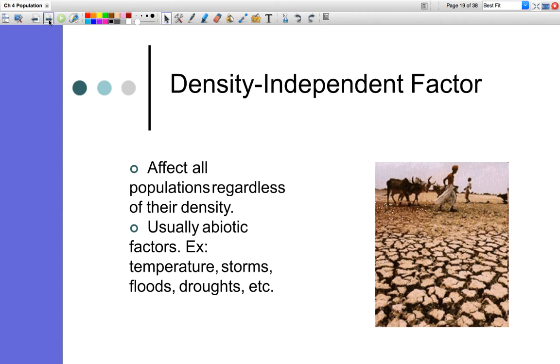It's going to get hot, it's going to get cold, it's going to rain a lot, it's not going to rain a lot. Earthquakes, hurricanes, tornadoes, fires are going to happen. Although sometimes fires are started by people, there are wildfires. All these events are going to occur regardless of the size of the population.